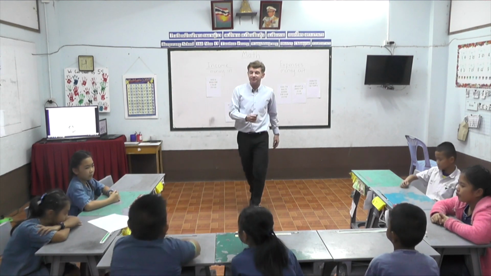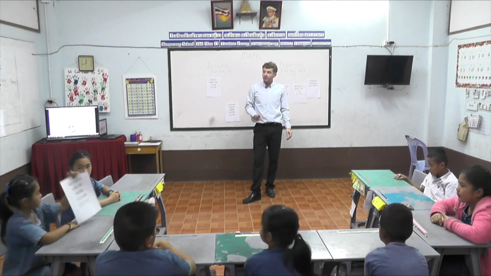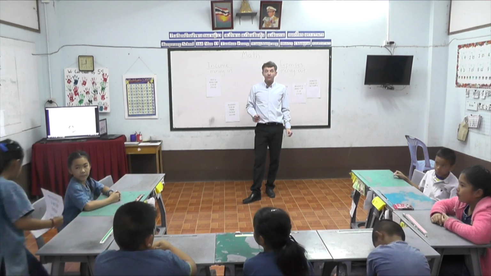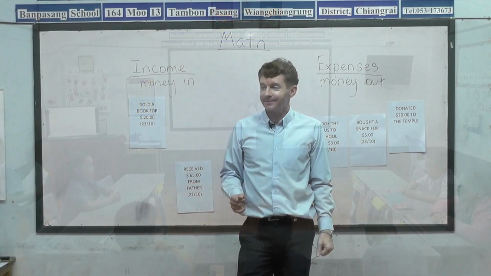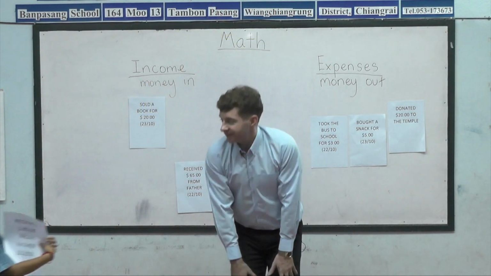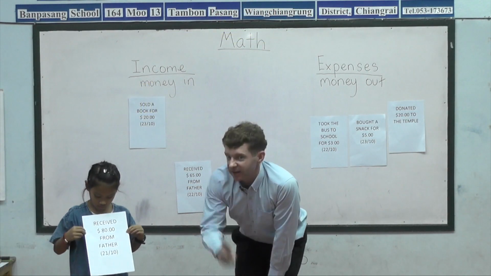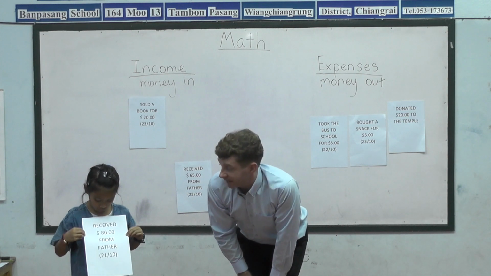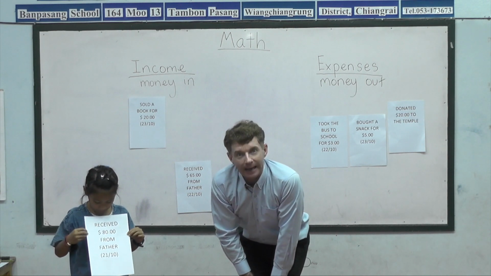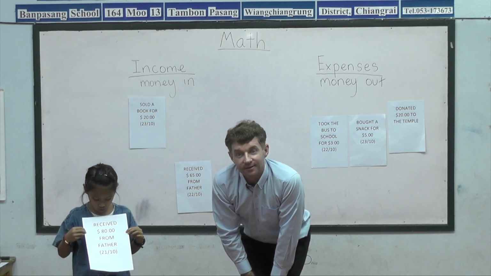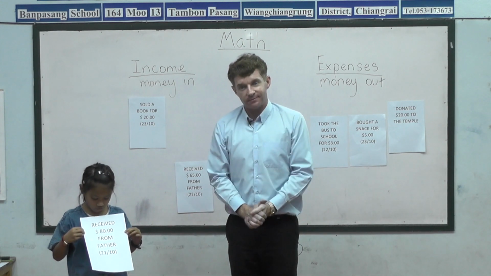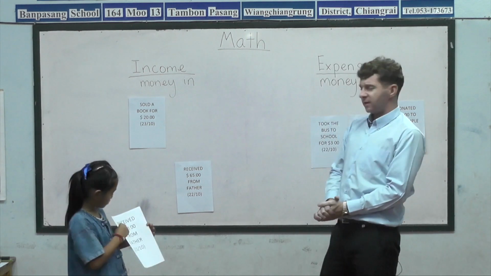Open your eyes, please, guys. Pak Bung, come and show us your flashcards. Let's see what it says. Ah, here's that word again. Received $80 from Father. So what do we think?